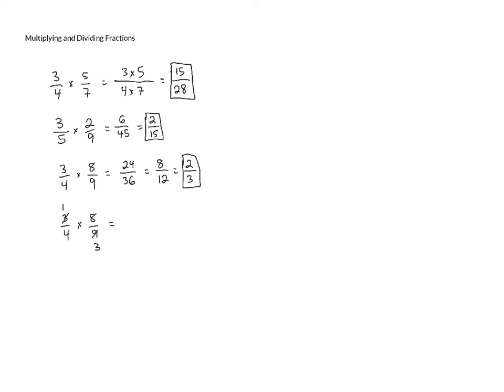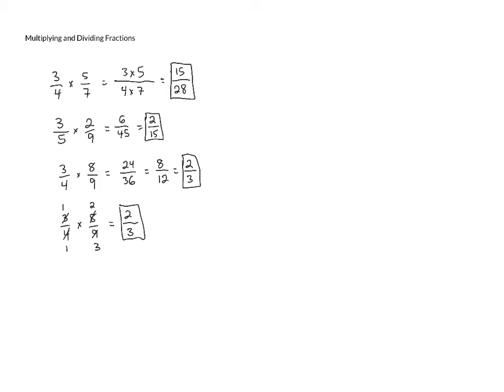And then we can also do something similar with the 8 and the 4. The 8 and the 4 are both divisible by 4, so we can reduce those by a factor of 4. 8 divided by 4 is 2, 4 divided by 4 is 1. And once we've reduced, we can multiply across. 1 times 2 is 2. 1 times 3 is 3, and we end up getting the same final answer of 2/3 without going through the trouble of multiplying to get those larger numbers.